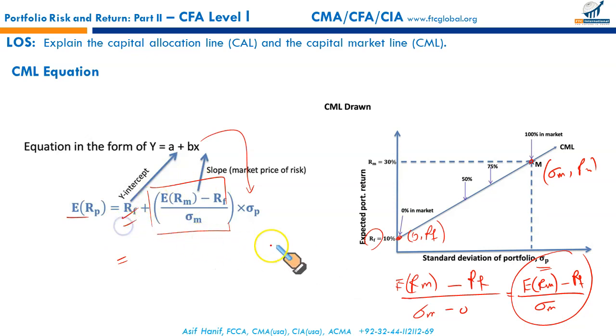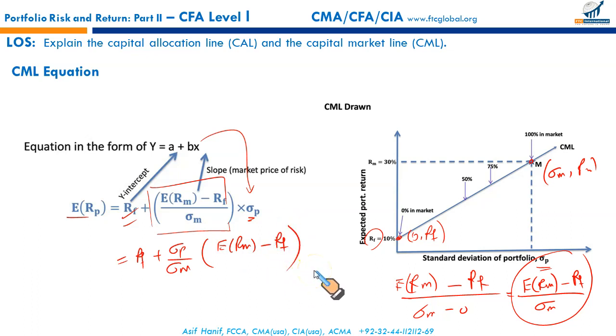RF is the intercept, this is the beta, or what you call the slope of the capital market line, and then this represents x. So your equation can now be written this way: RF plus the standard deviation of the market portfolio times ERM minus RF.